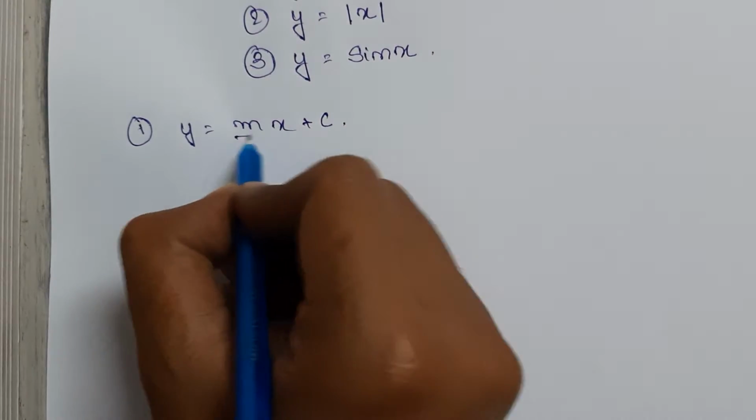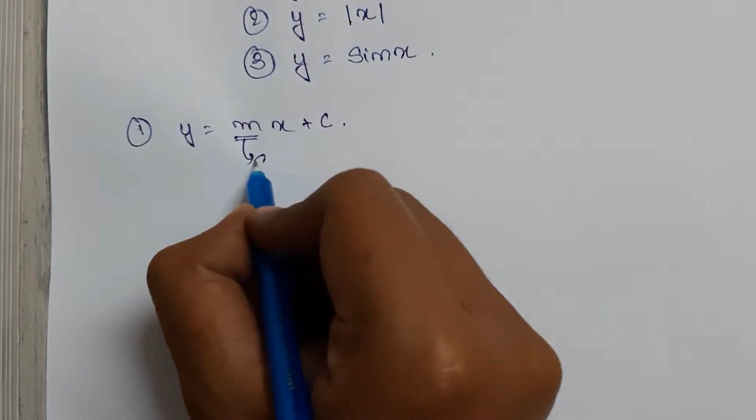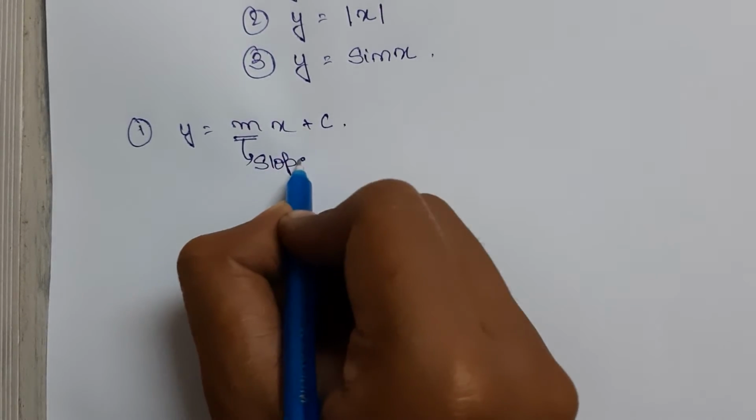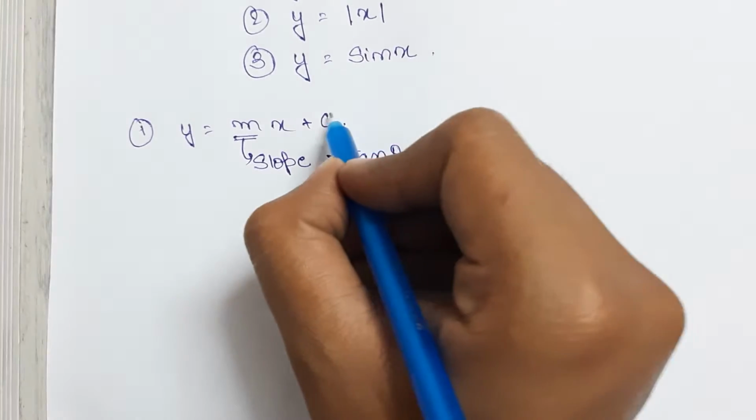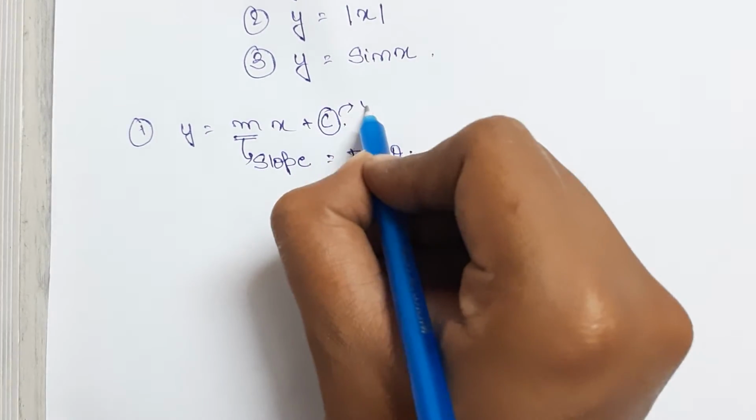What does m mean here? Let us understand. m means the slope, which can also be written as tan theta, and c means the y-intercept.